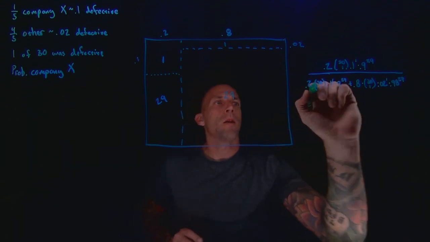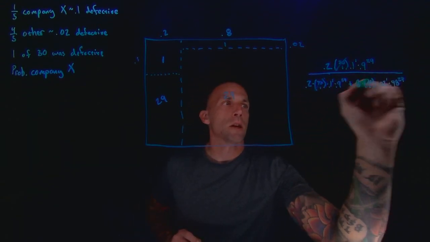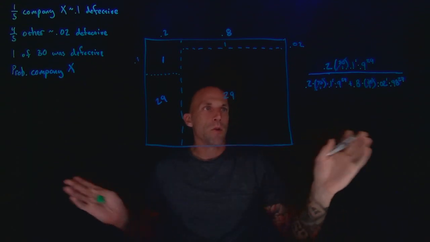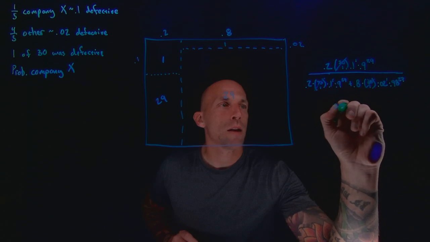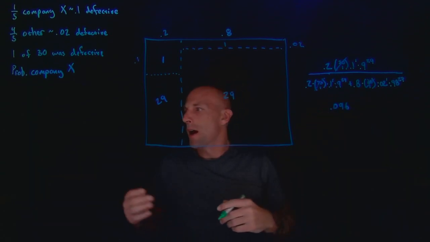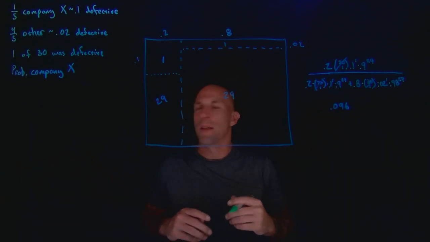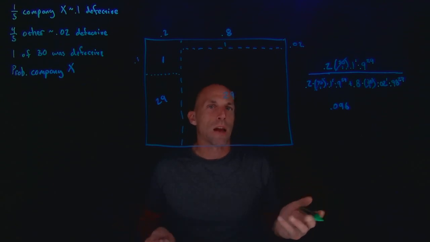So one thing you can note is this 30 choose 1 term is going to cancel out. And then if you churn all of that through the calculator, you get 0.096 or thereabouts. And the closest answer we have to that is A, for 10%.